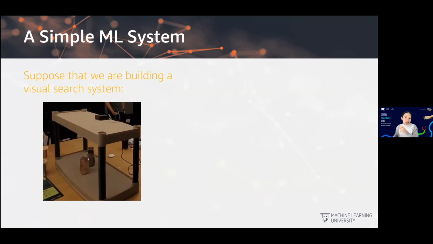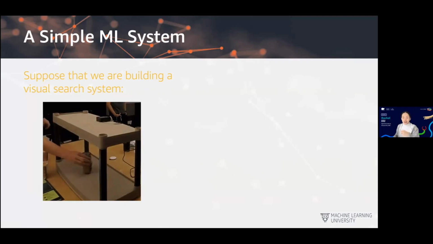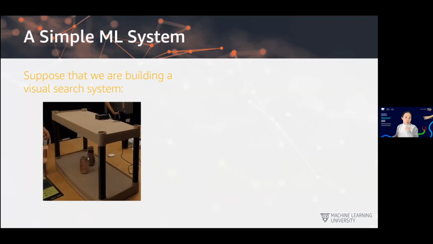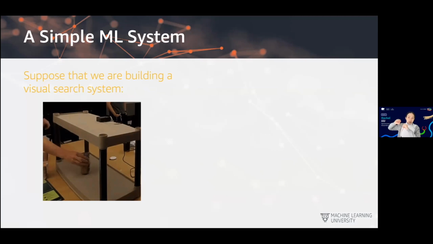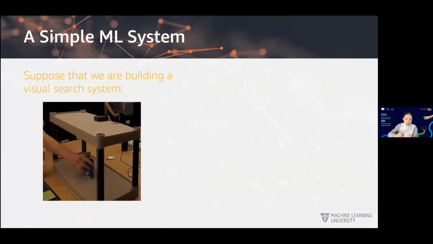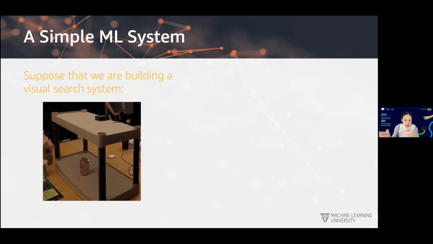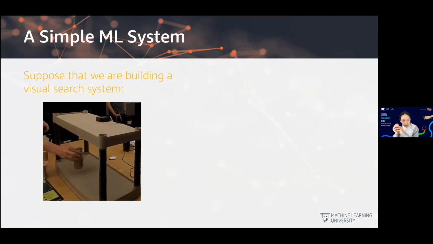If anyone has gone to an Amazon Go store, you just grab anything from the grocery shelf, but when you go out of the store, you do not need to check out. There will be a camera that knows what things you grab from the shelf. So we're trying to build a really simple toy model for that Amazon Go system.